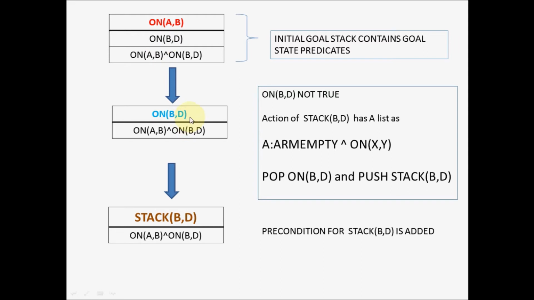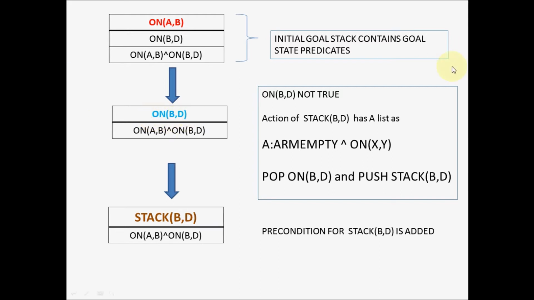Now, if the top of the stack contains a predicate but it is not true with respect to the current world, then you have to see the set of actions and choose that action whose outcome, or add list, contains this particular predicate.